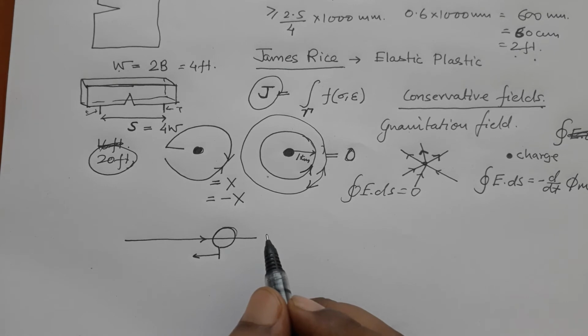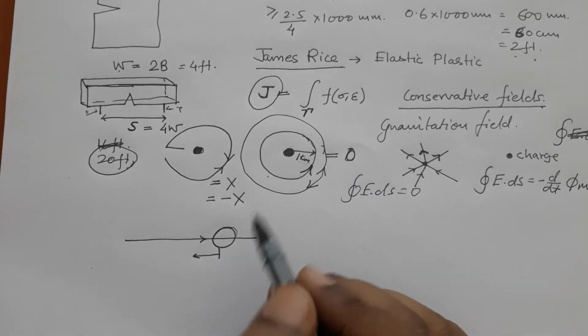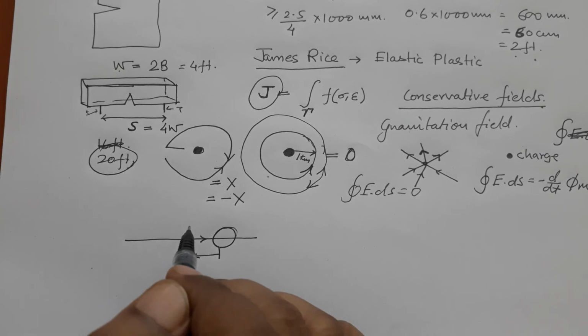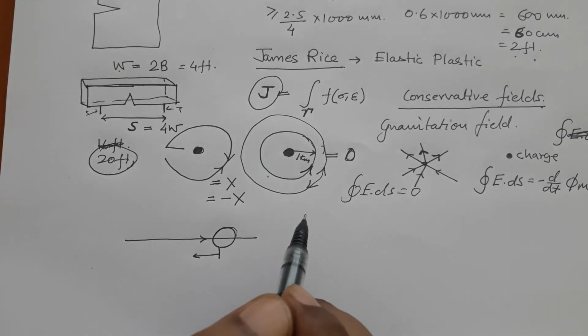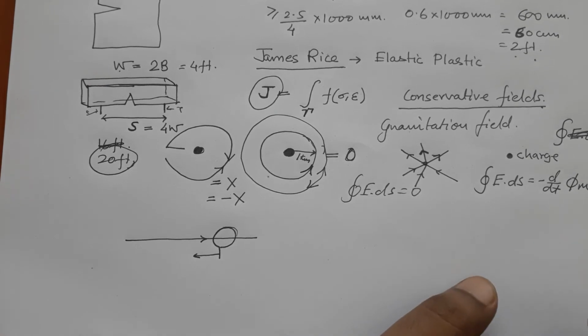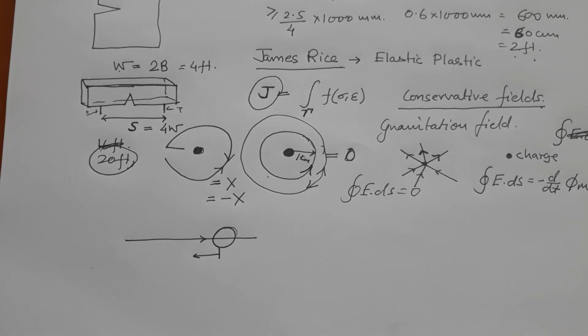So this is true in gravitational field, this is true in electrical field, this must also be true in the field of mechanics. And that was the idea which was used by James Rice to define his famous integration, which is called J integration or J integral. Okay. So, I will just introduce the J integral in this lecture, and we will talk about that in more detail in our next lecture.